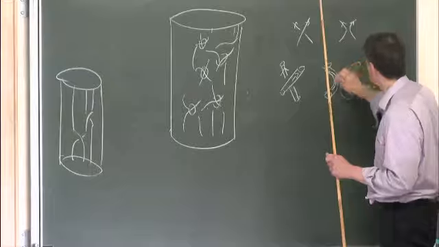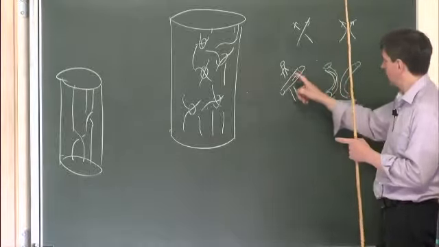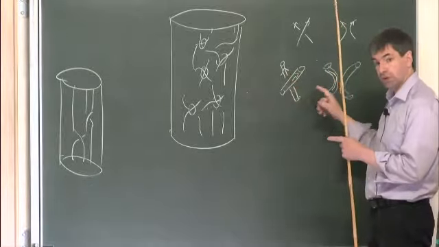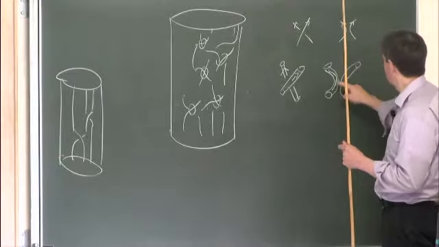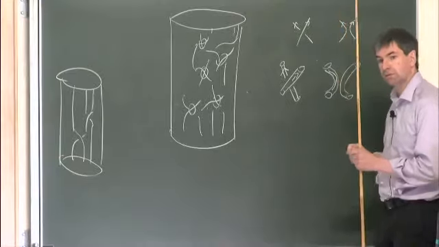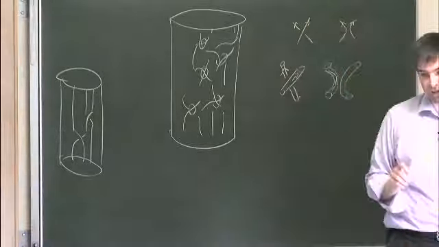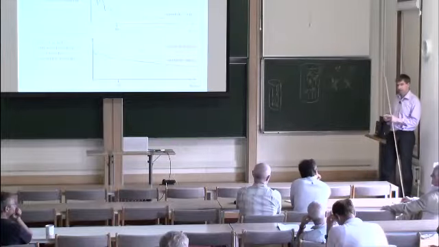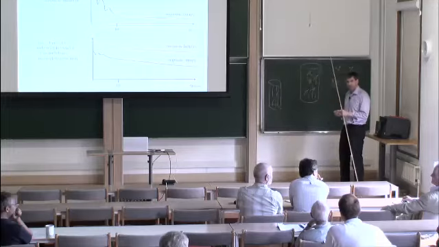This is a bit hard to see, but the kind of linkage which was present in the initial configuration turns, in the reconnection process, into twist of these tubes. So the topology has changed.